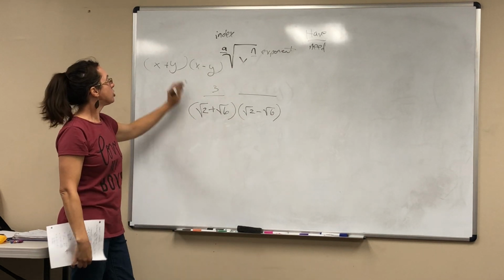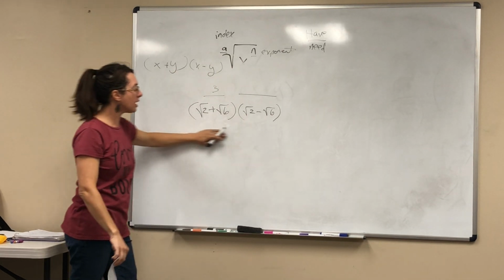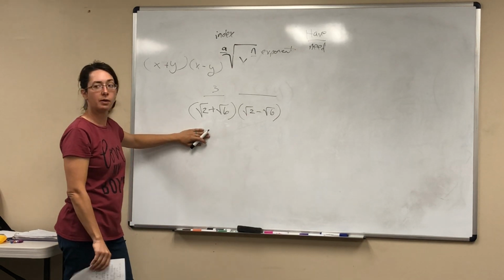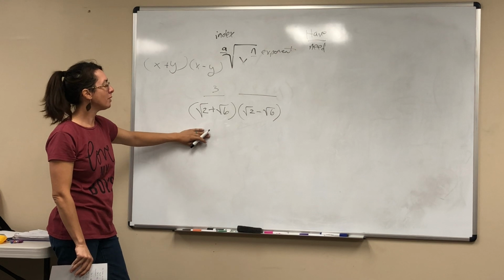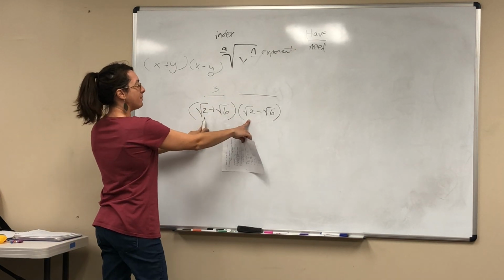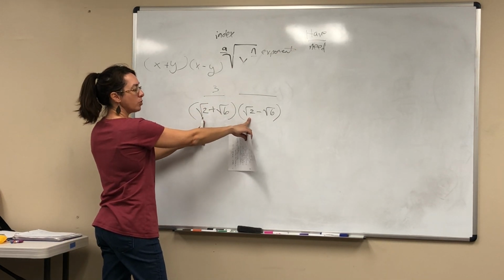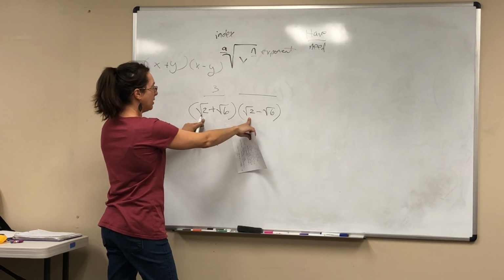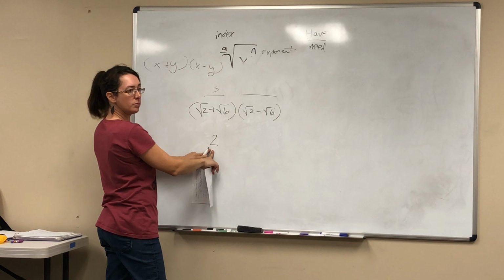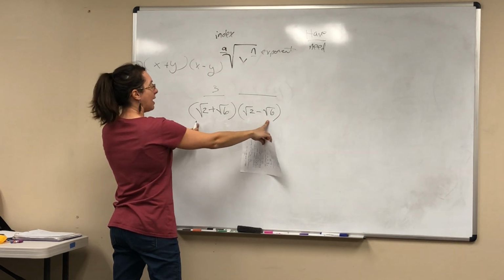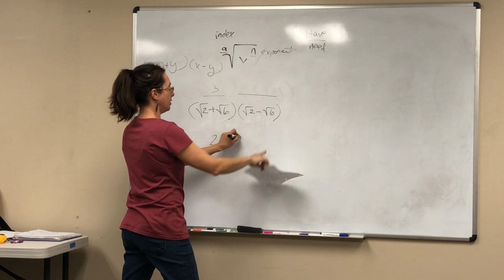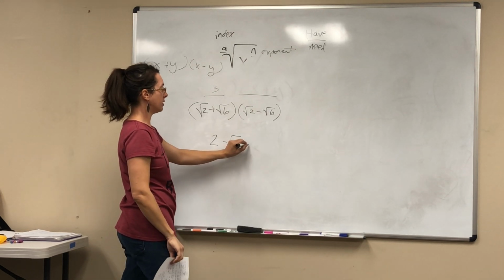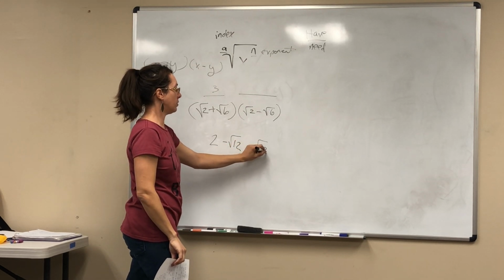Do I need to multiply all this out? No. We'll do it once and I won't do it again. My FOIL says my first two are squared. The square root of 2 times the square root of 2 is 2. My outsides, negative square root of 12. My insides, positive square root of 12.